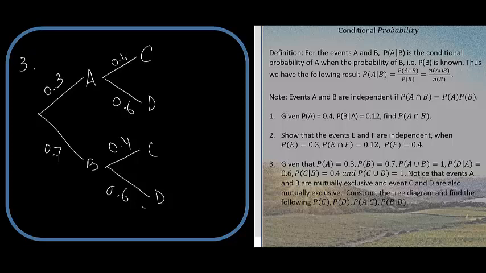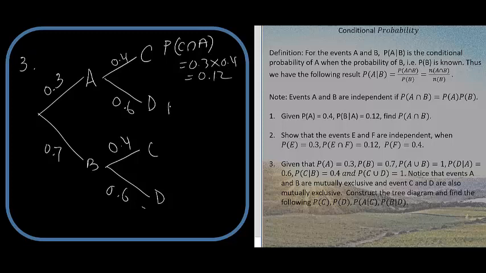All right. Now when I multiply, the conditional probability rule is telling me probability C intersection A will be 0.3 times 0.4, which is 0.12.